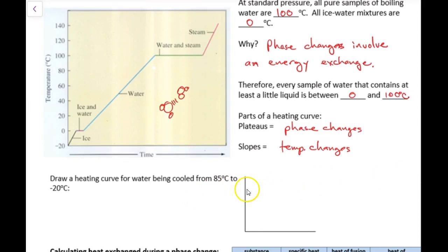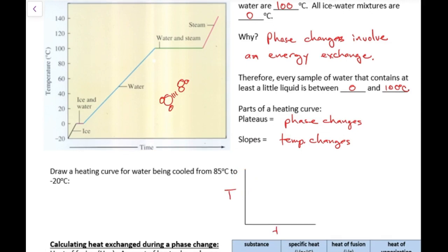And if it's cooling, that means the temperature, which is along the y-axis here, and this would just be time along the x. So if it's cooling, it's going to start up here at 85, and it's going to go down in temperature until it reaches what temperature?